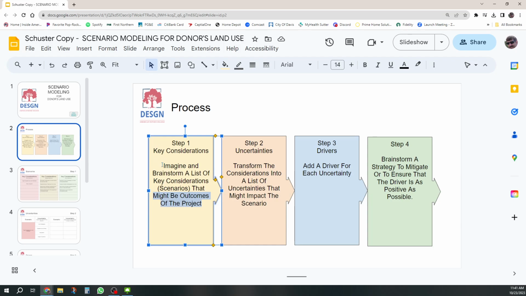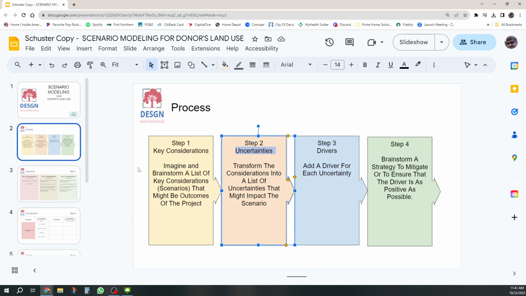So this is an imaginative process where we're brainstorming. Once we do that, we know that there's uncertainties. Certain things can affect this particular outcome. And we want to make a list of those uncertainties.